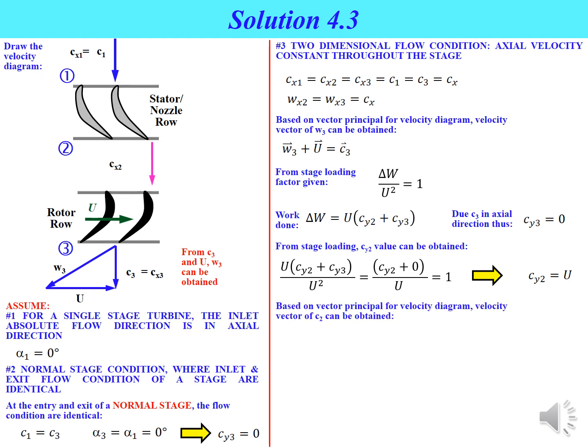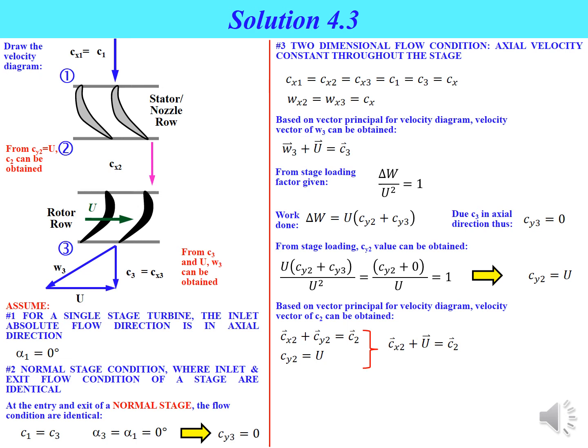So based on vector principle for velocity diagram, velocity vector of C2 can be obtained, where in terms of vector, Cx2 plus vector Cy2 will be equal to C2. Okay, so now because Cy2 equal to U, so vector Cx2 plus vector U equal to vector C2.